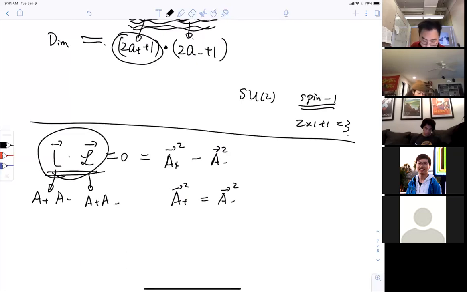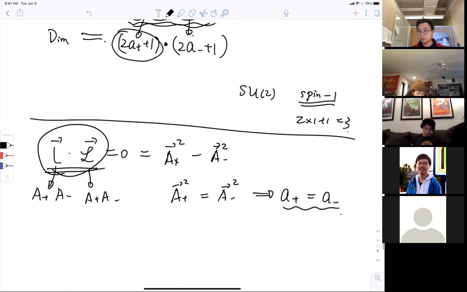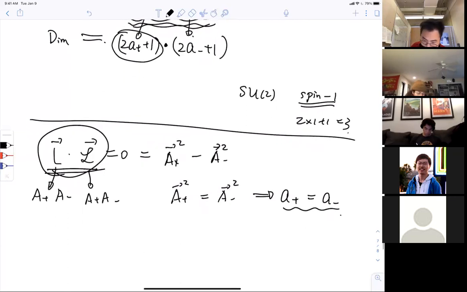So this condition imposes a constraint on our representation. This tells us A plus must equal A minus. Right? So other representations are unphysical in this situation.